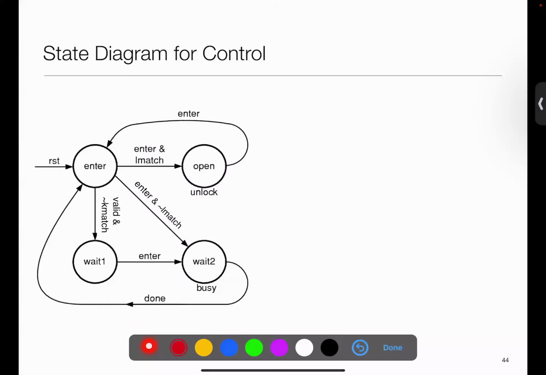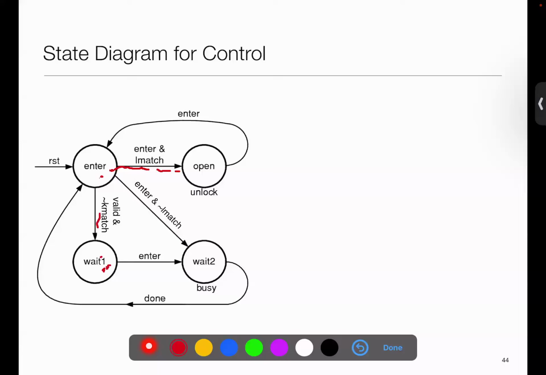So once we have cleaned up those signals, then at that point we can think in terms of the broad levels of my locking state. So I'm in enter, we wait for the right key to be pressed. When there is a match, we go to open and go back.